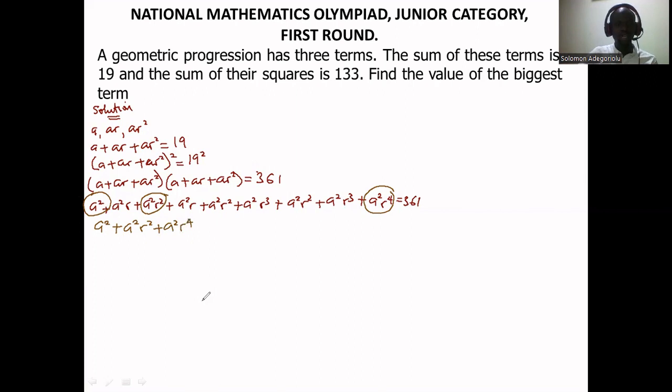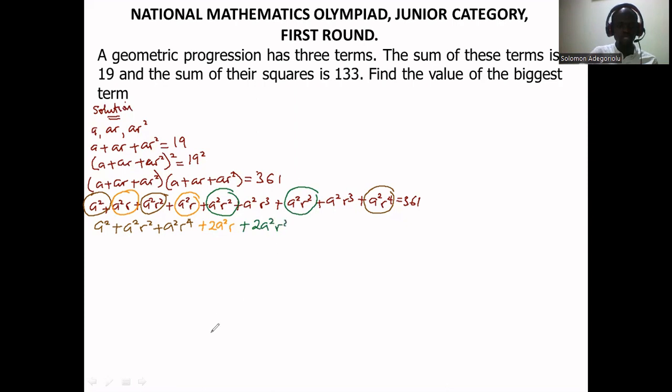Now, apart from that, I will also pick this A squared R, and here A squared R. That will be plus 2A squared R. And I'll pick another set again. The next set is going to be A squared R squared here, A squared R squared here. I'll also add it together. That becomes 2A squared R squared.